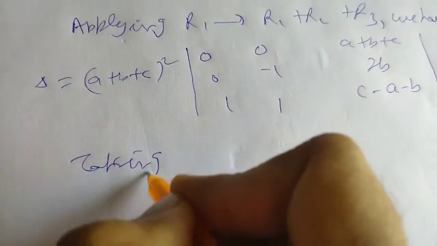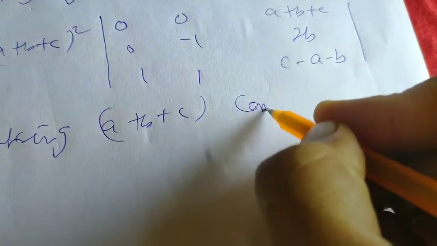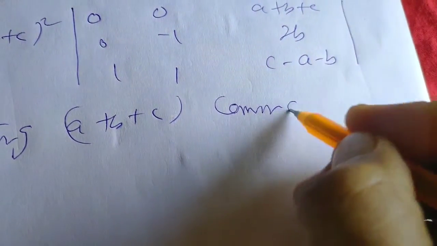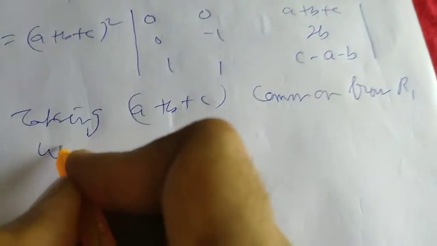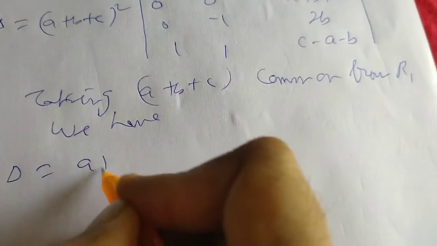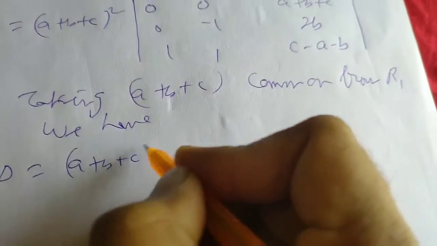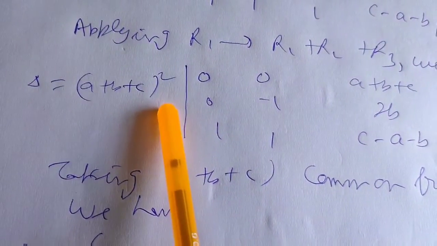Taking a plus b plus c common from R1, we have delta equal to a plus b plus c whole cube. Why whole cube? Because already square is there. So one time more a plus b plus c is coming. So power will increase by 1.